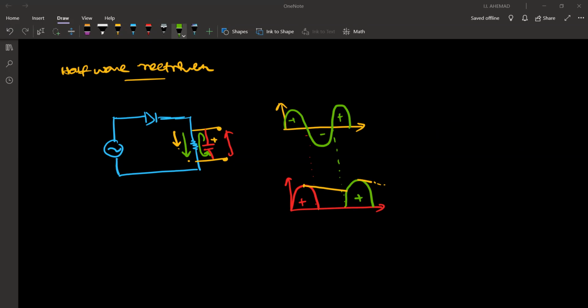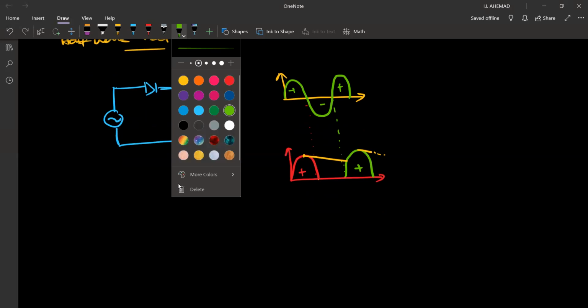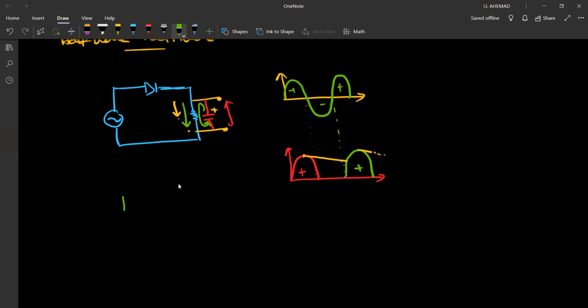Under the note, we have mentioned two notes. One of the notes is about smoothing, which I explained. And the second one is about maximum reverse voltage, that is the peak inverse voltage. So what is this peak inverse voltage?